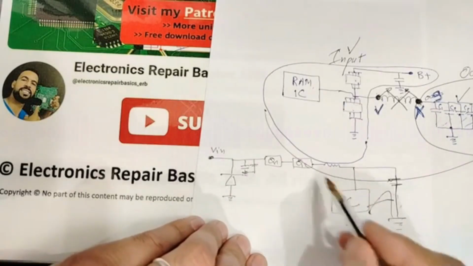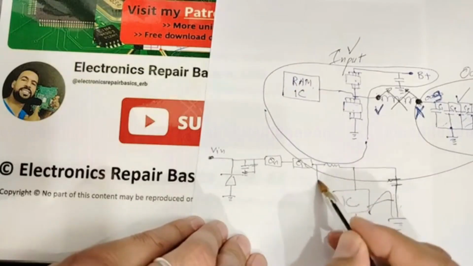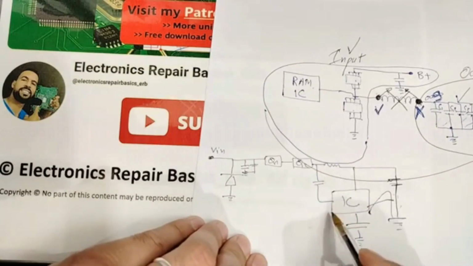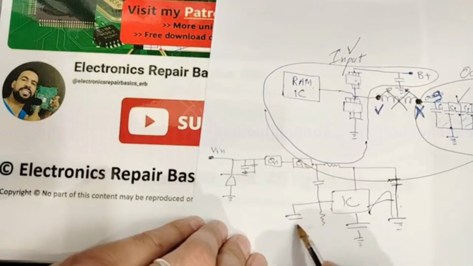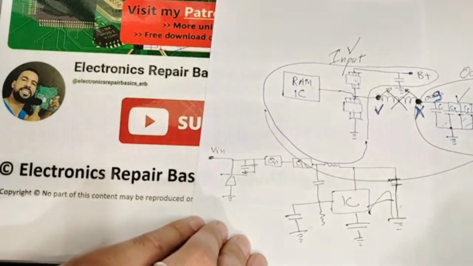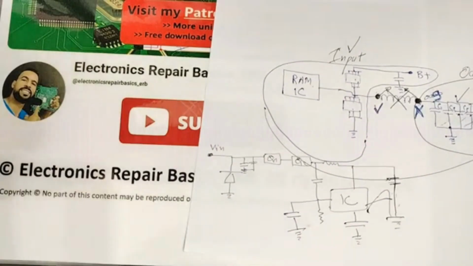Okay, my friends, we have a capacitor like this, and a resistor, and over here a capacitor connected to the ground. Nice. I will show you how the voltage injector works, my friends.